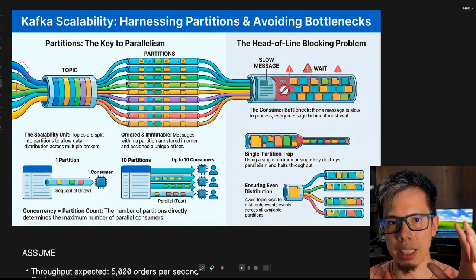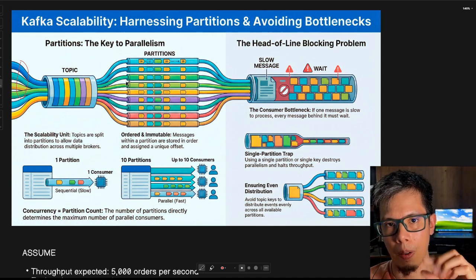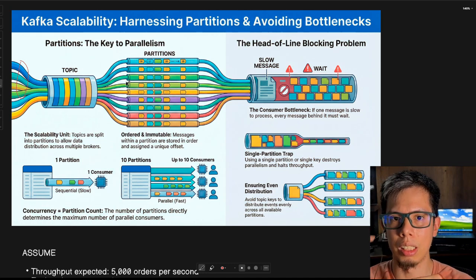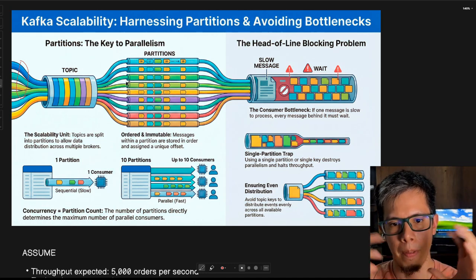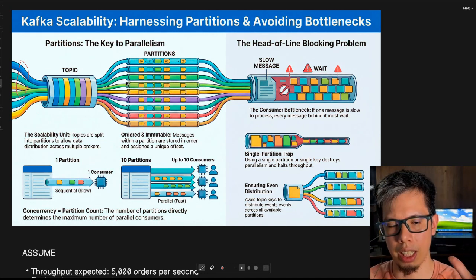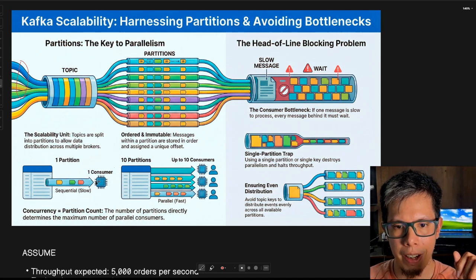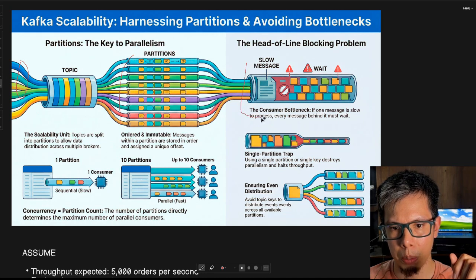Okay, so that ensures that only a single consumer of this consumer group will take a single topic of a single partition. But that is the idea in general, okay? So we have here, for example, the list of the partitions on this side, and the consumer group will be on this side.